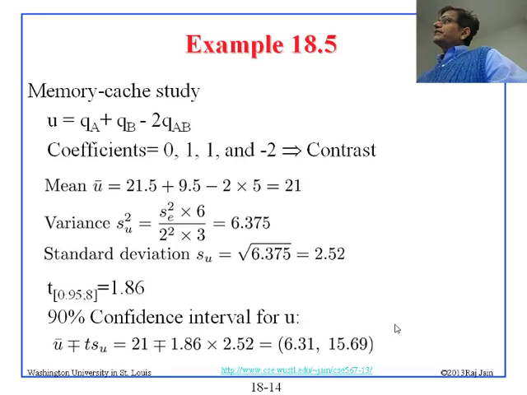The mean of this contrast, U, is QA plus QB minus 2 times QAB, and that will come out to 21 because you know QA, QB, and QAB. The variance will be given by the formula we just had a minute ago, which was SE square times the sum of HI squares.